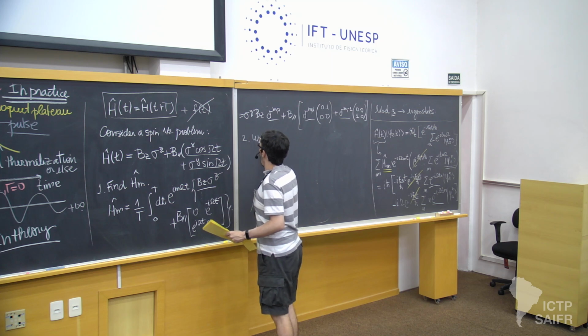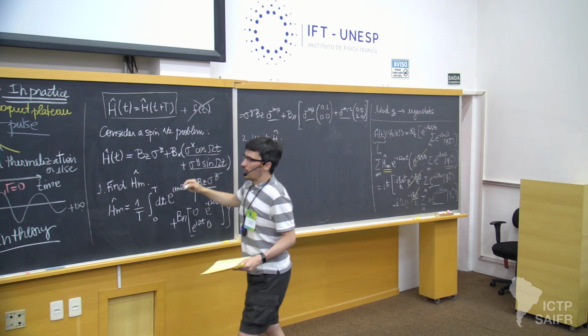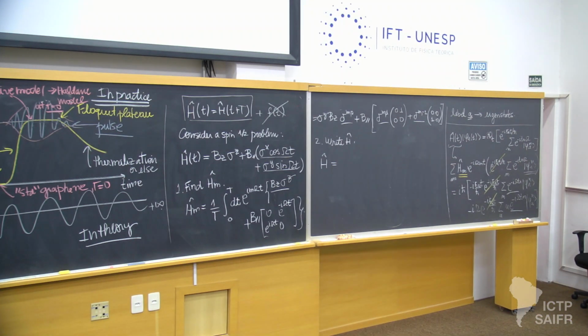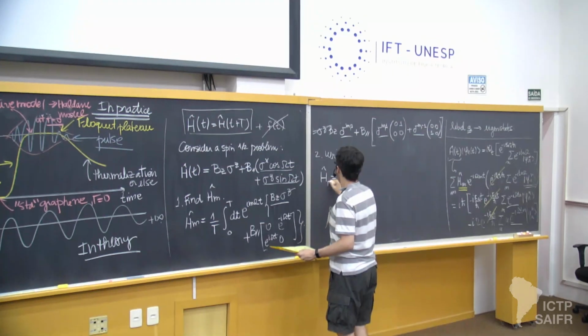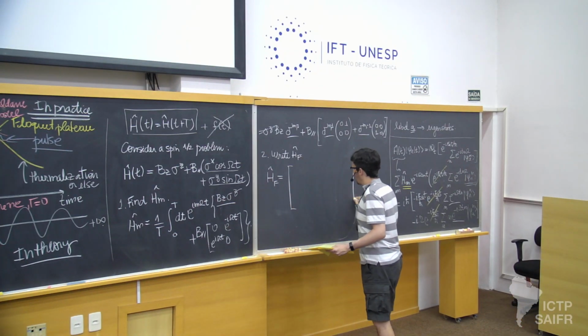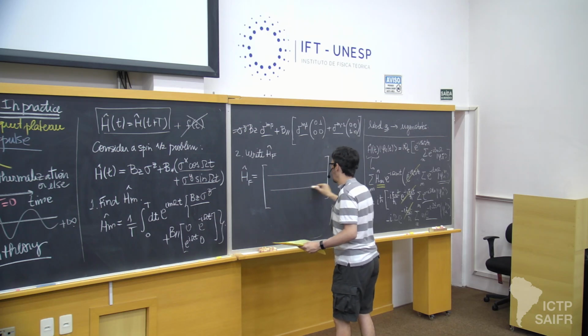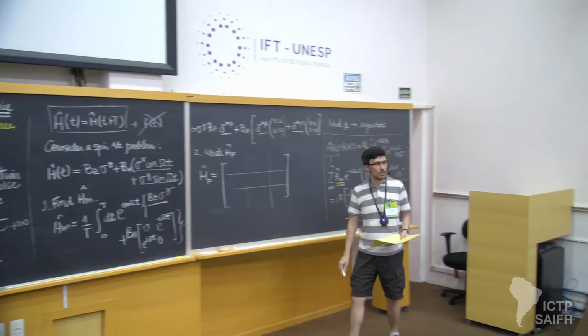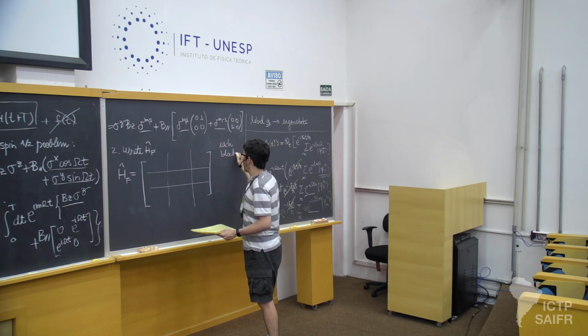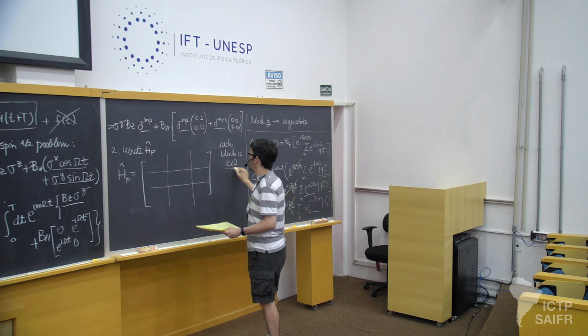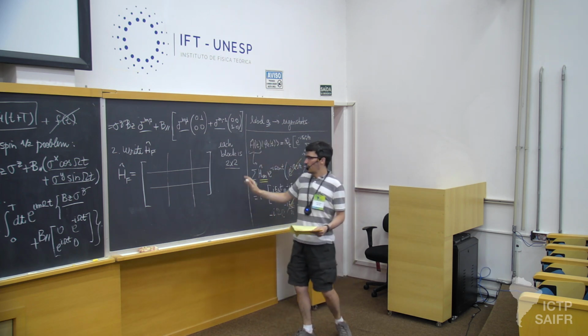Step number 2, write H. Here I'm not being very careful, so let's put a symbol, H_F, as in Floquet, to give credit to Floquet. So let's write the Floquet Hamiltonian. As I was mentioning before, each block will have the same dimension as the original Hilbert space, so each block is 2 by 2. And we have an infinite number of blocks.